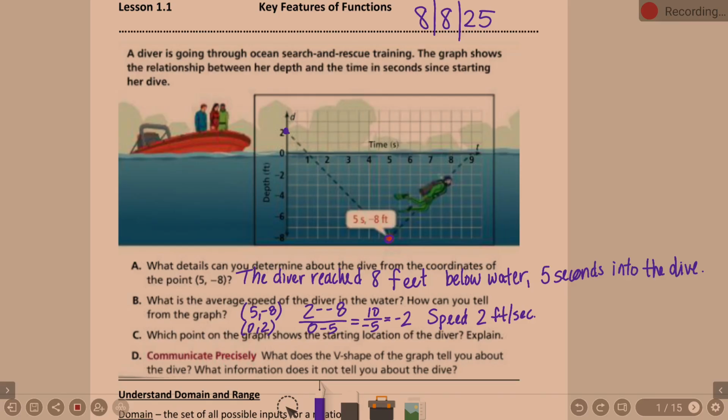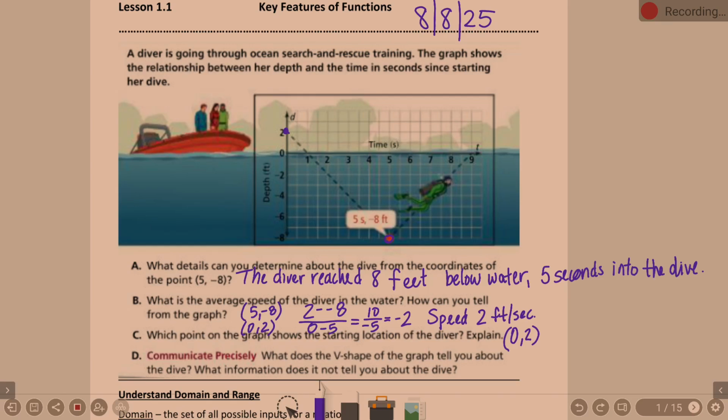We've kind of already addressed C. Which point on the graph shows the starting location of the diver, and explain? Where's the diver starting? What point was that? 0, 2. And what that 0 represents?